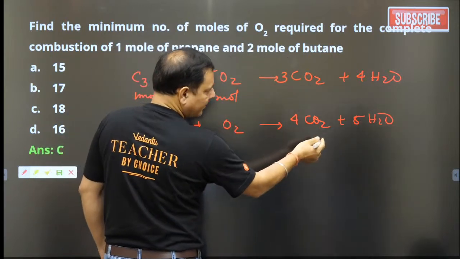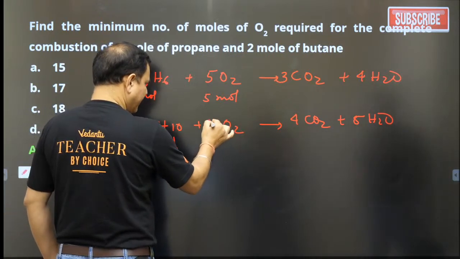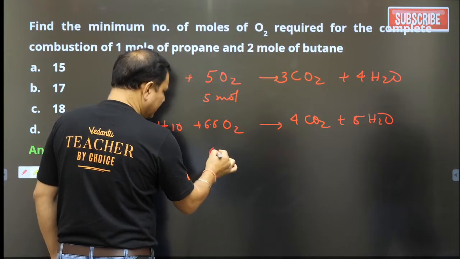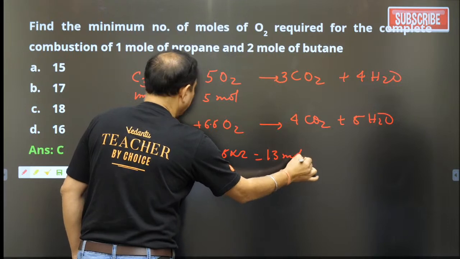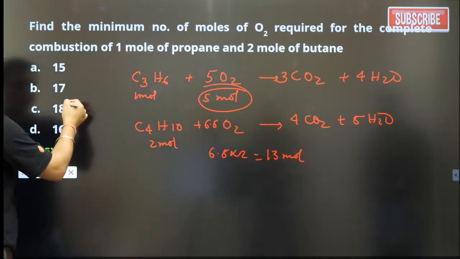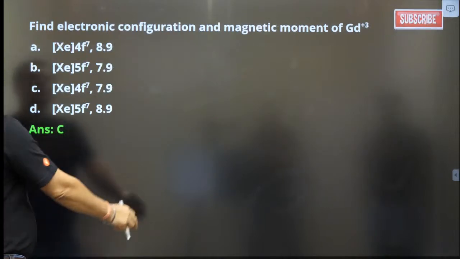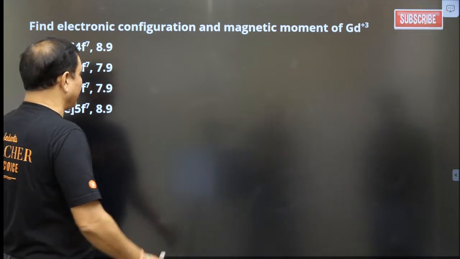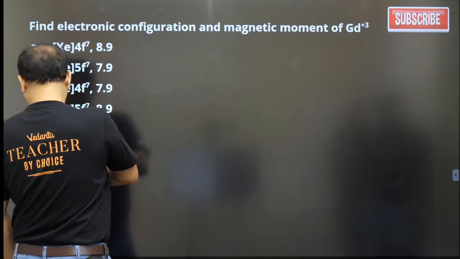One mole of propane requires oxygen to give 3 CO2 and 4 H2O, so 4 plus 6, that is 10, meaning 5 moles of O2. Then 2 moles of butane, C4H10, plus O2 will give 4 CO2 plus 5 H2O. So this would require 4 plus 2.5, that is 6.5 moles of O2. For 2 moles it will be 6.5 into 2, that is 13 moles, and 5 moles here. So a total of 18 moles will be required. This will be the answer.